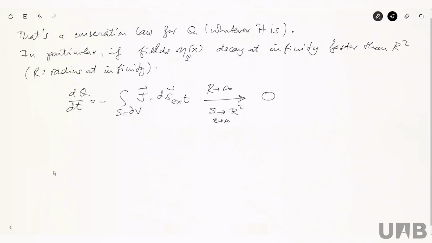Then it's completely conserved. The variation in Q doesn't go through the surface, because at infinity the fields have already decayed. Okay, and then Q at T1 equals Q at T2 for all T1 and T2.